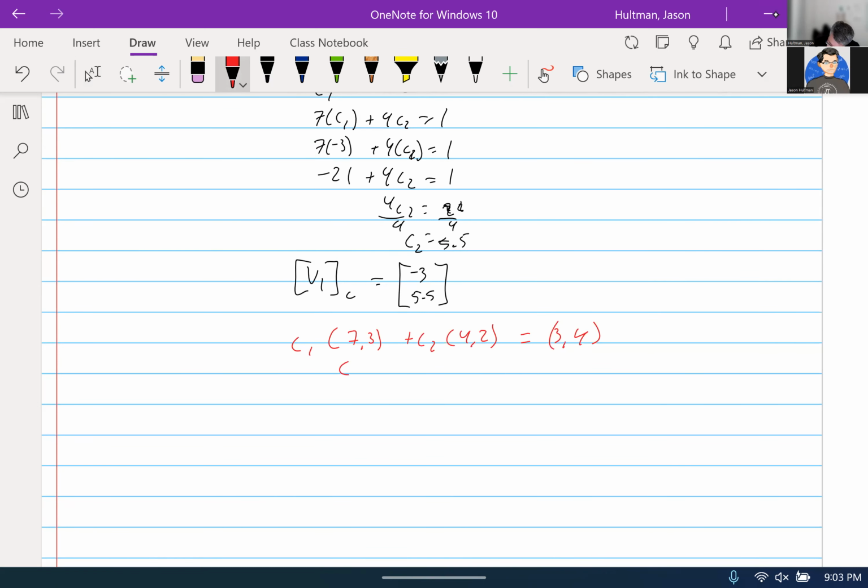So we'll get 7C1 plus 4C2 is equal to 3, and 3C1 plus 2C2 is equal to 4. And we'll just solve that by system of equations. It's a very simple 2 by 2 system. We could multiply the bottom through by -2, giving -6, -4, -8, and we would end up with C1 equaling -5.